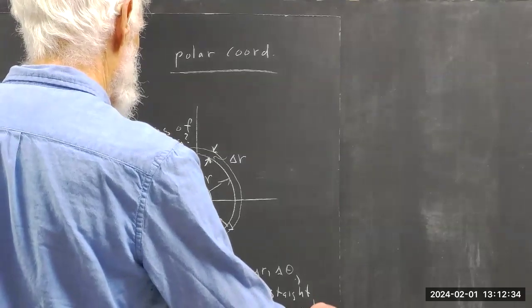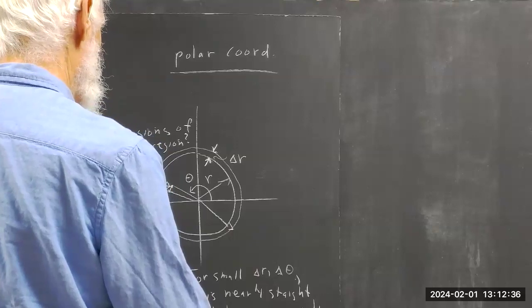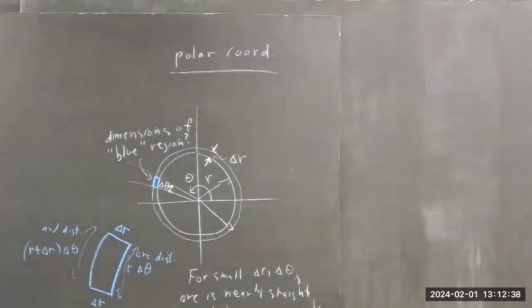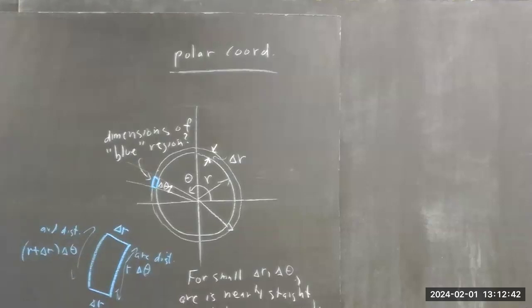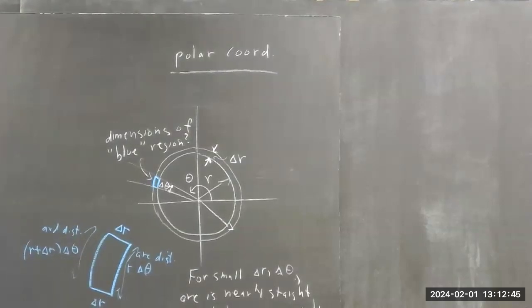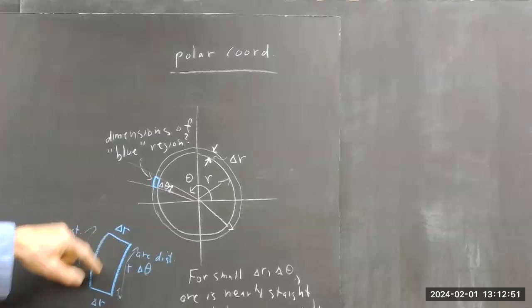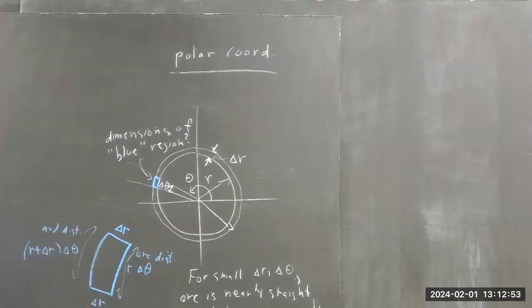The arc distances are nearly the same. So what we have is pretty much a parallelogram. Even better, it's a rectangle, because these angles are all right angles.